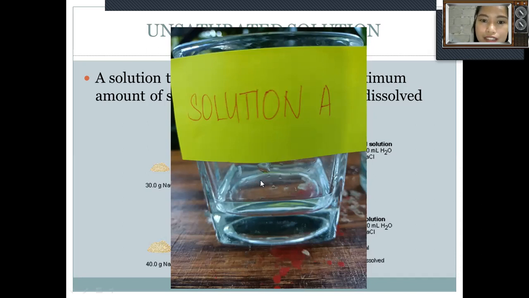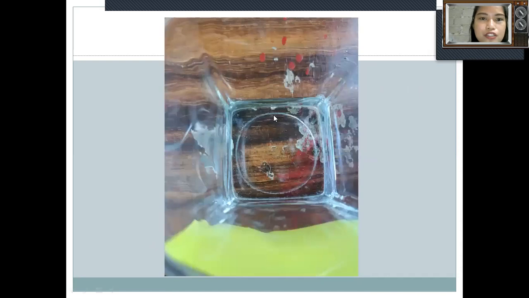There is less amount of solute that was put in the solvent, okay? We can see the appearance is still clear, mukha pa rin siyang tubig, but this is a sugar solution.